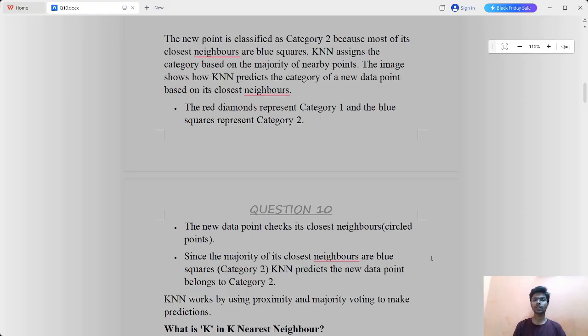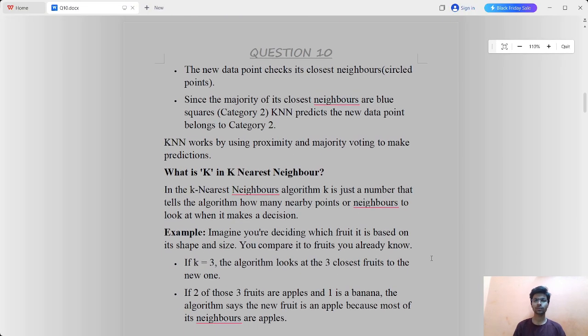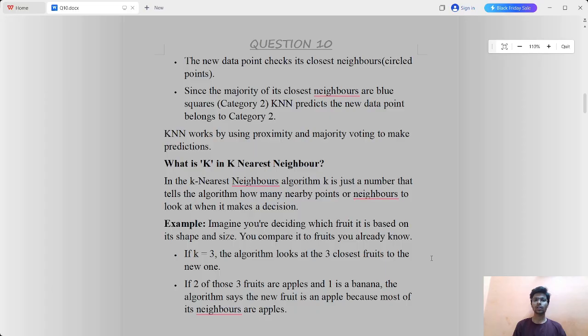The red diamonds represent category 1 and the blue squares represent category 2. The new point checks its closest neighbors, the circled points. Since the majority of its closer neighbors are blue squares, category 2, KNN predicts the new data point belongs to category 2. KNN works by using proximity and majority voting to make predictions.